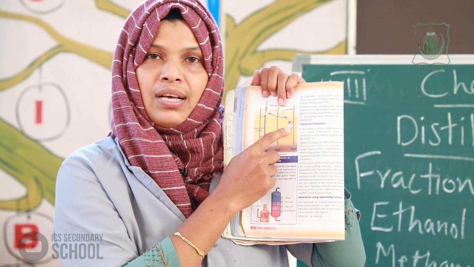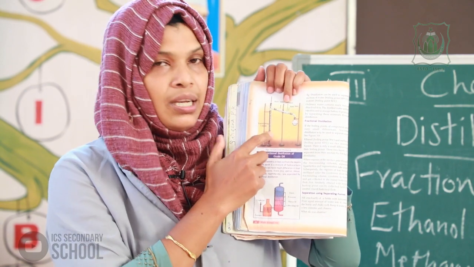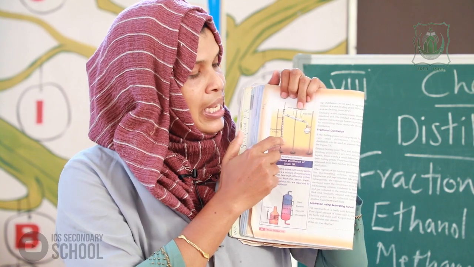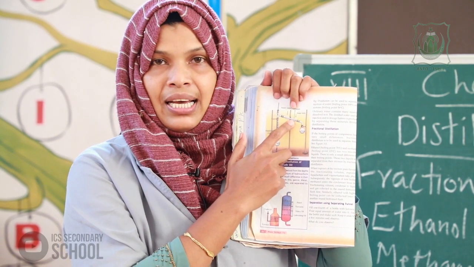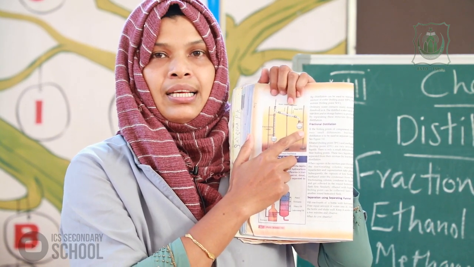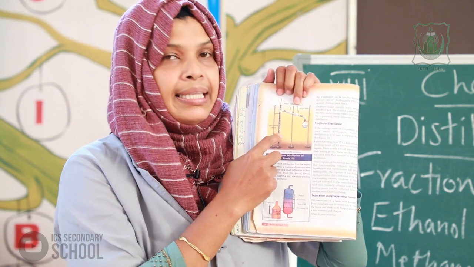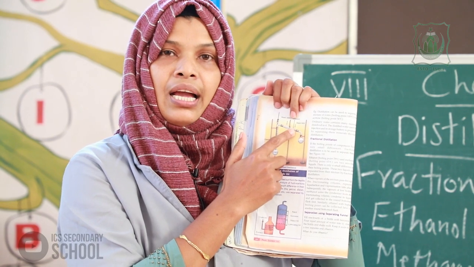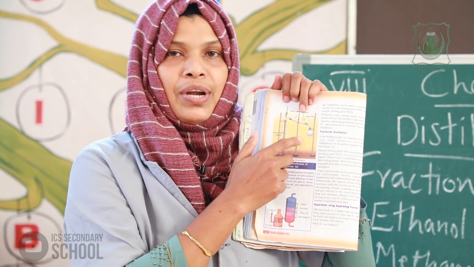Then ethanol with a high boiling point enters the condenser and we can collect it in another flask.